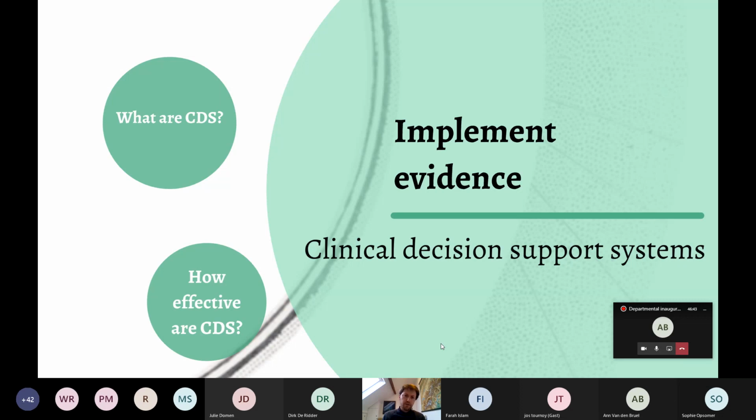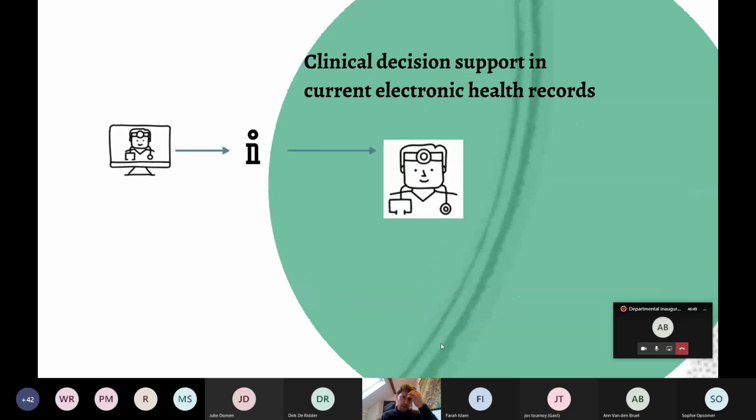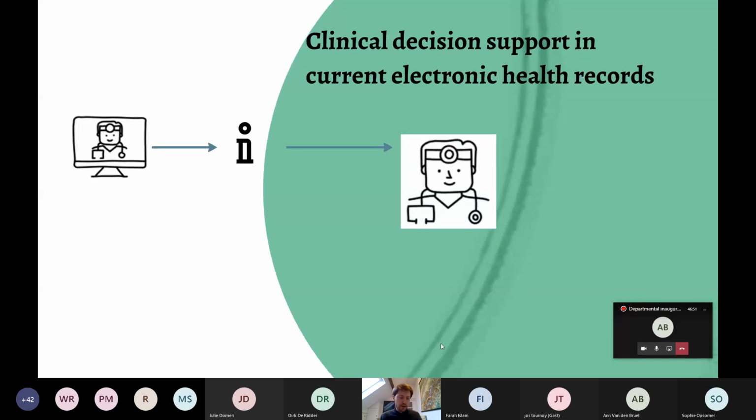What are clinical decision support systems, and how effective are they? If we look at clinical decision support systems, we actually identify two main types. I categorize them as a pull and a push system. A pull system relies on the healthcare professional having a question, identifying an information need, and using a decision support system to direct him towards this information.